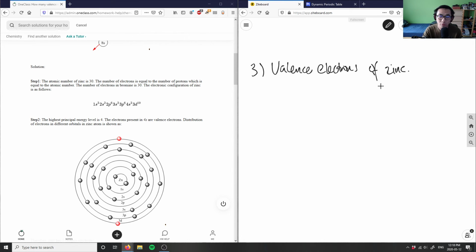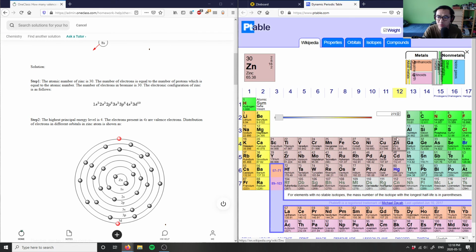So if we were to write the Bohr-Rutherford diagram, you're going to realize for group 12, it's basically not valid for this problem here.